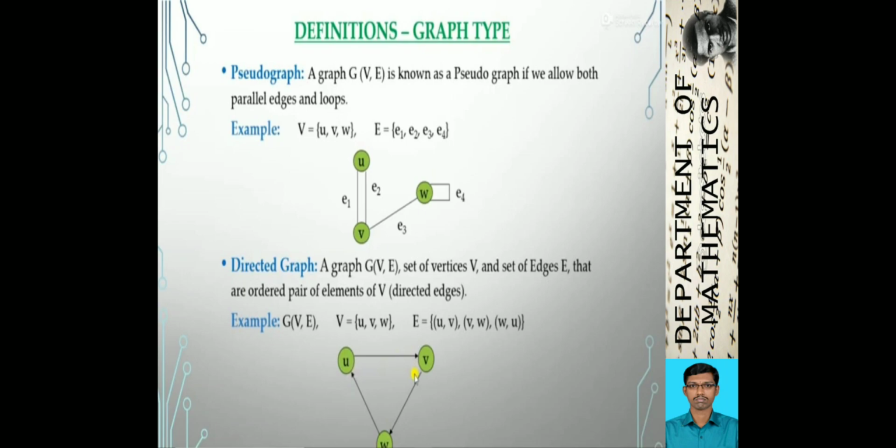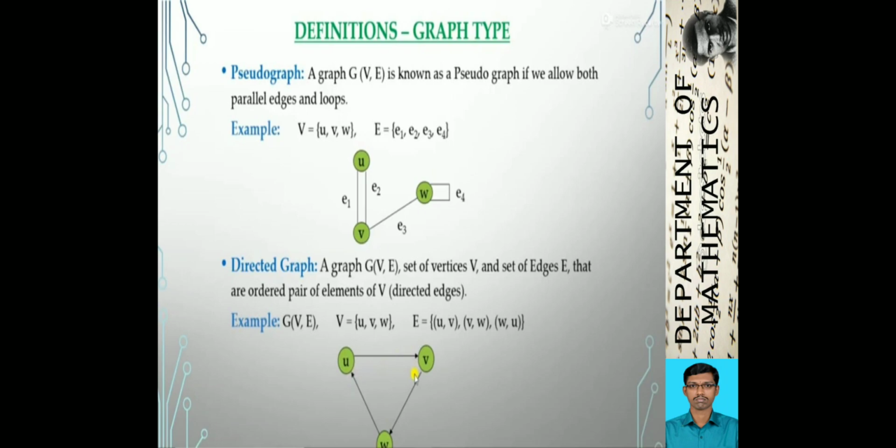Now the next one is a pseudograph. What is a pseudograph? A graph G is known as a pseudograph if we allow both parallel edges and loops. Example: suppose we have the vertices U, V, W and the edges E1, E2, E3, E4.